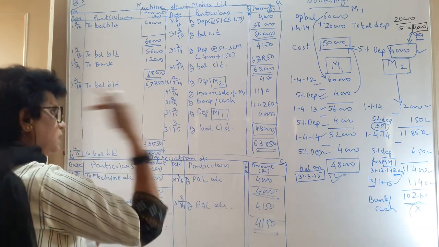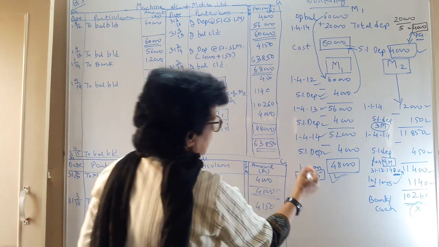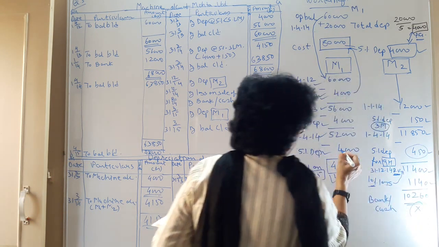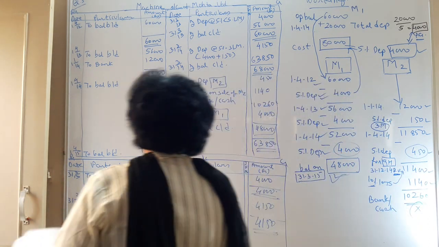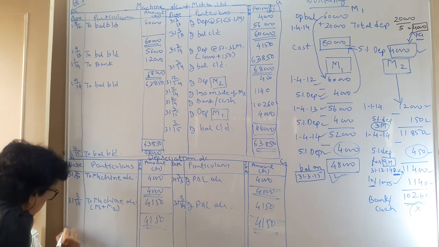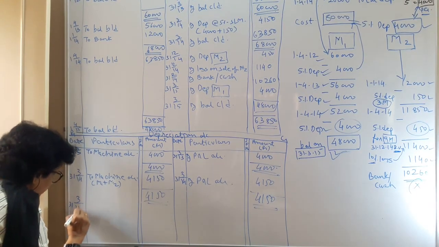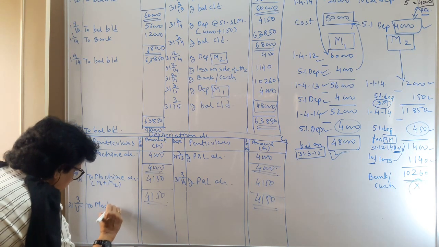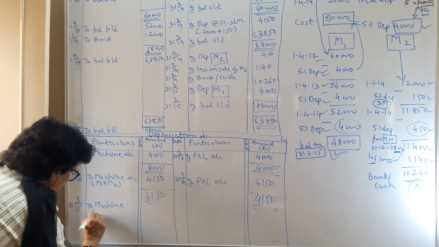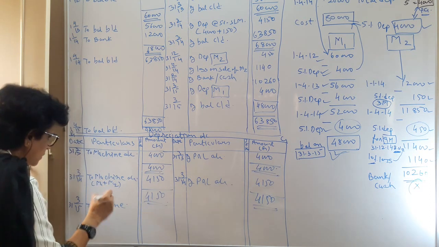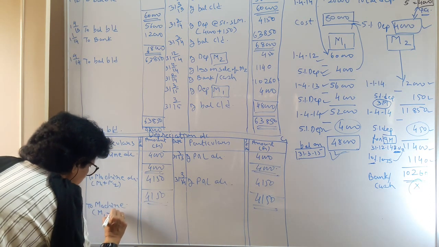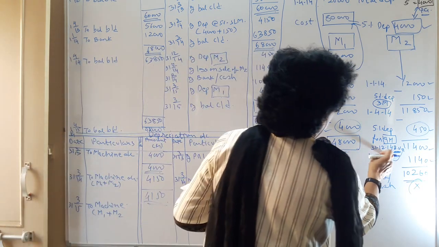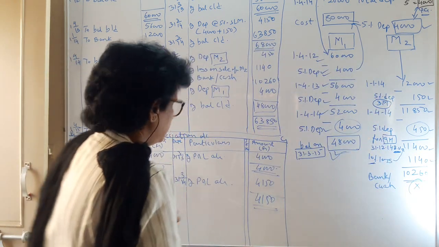Clear? Now the third year. Third year we are depreciating again. Here the 450 rupees and here is the 4,000 rupees. So 31st March 15, to machine. For M1 we charge on 31st March and plus M2 we have charged it on the day when we have sold the machine. Okay, so that is our December month.